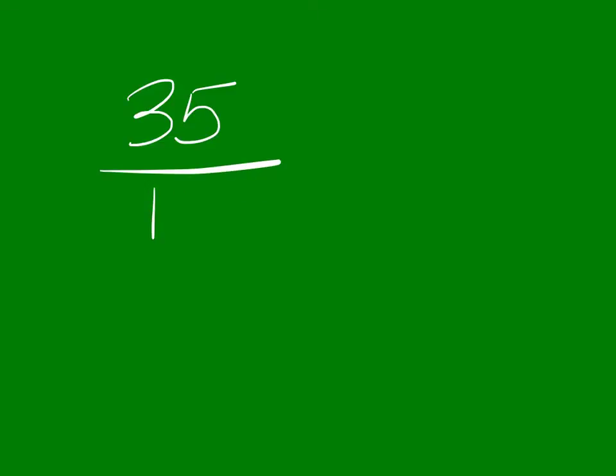35 over 10. I want to change that to a mixed number. What do I do first? How many times will 10 go into 35? 3 times. With how many left over? 5. What do I do with it?